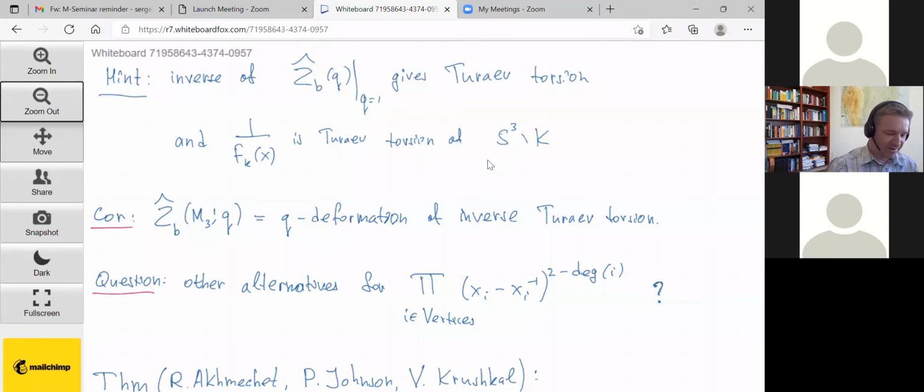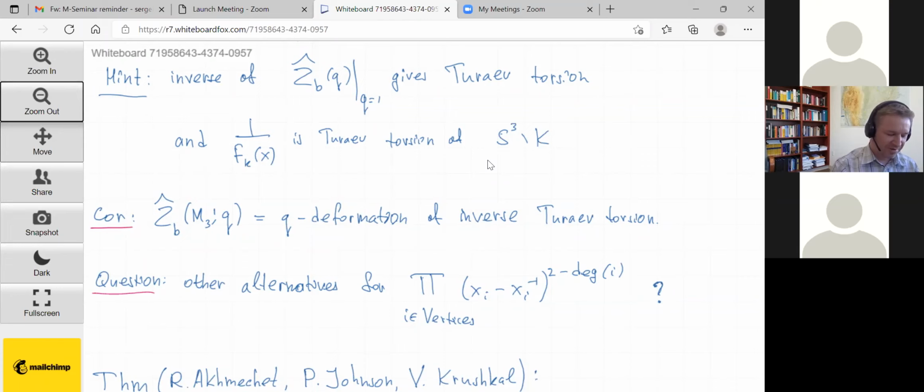And in fact, they classify them. They claim that every function, or rather set of data that they call admissible F and R, and I'll write the condition in the next line, does give an invariant of a three-manifold.